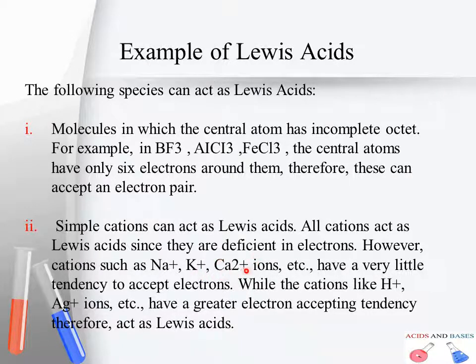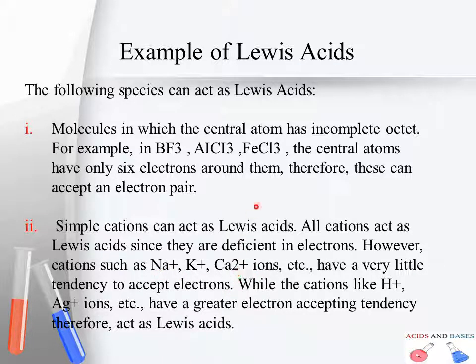They are electropositive elements and they have a large electronegativity difference with nonmetals. So they are never able to form a covalent bond. They can never form a coordinate covalent bond with nonmetals.